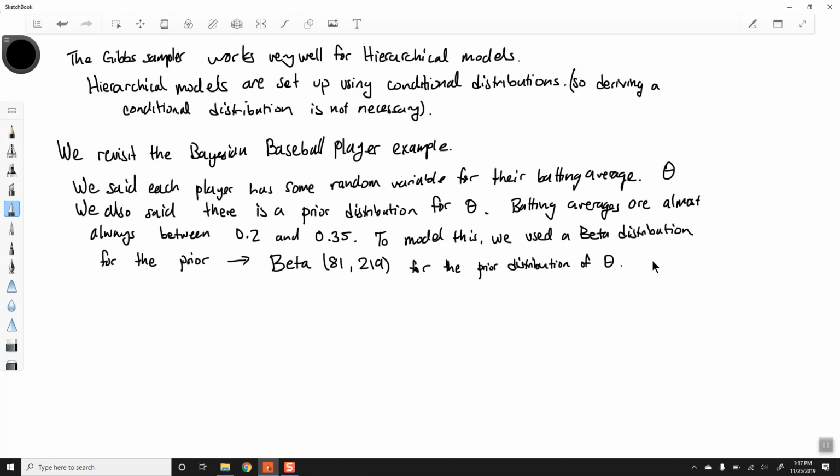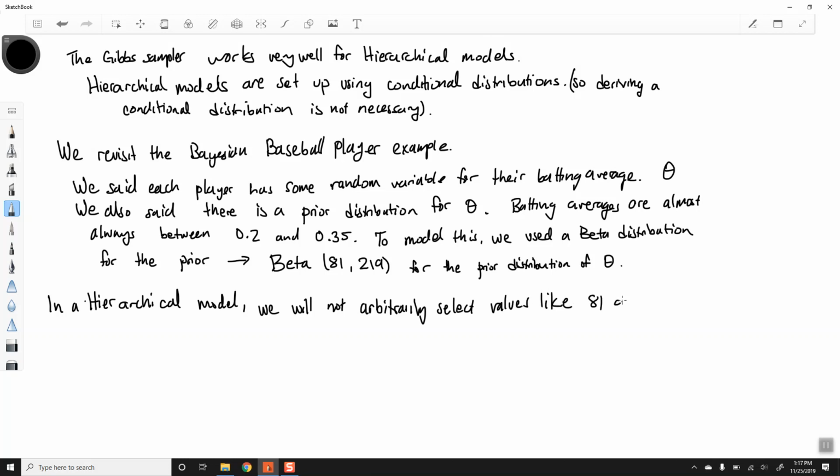Is that okay? So we're going to complicate things. In a hierarchical model, we will not arbitrarily select values like 81 and 219 as parameters for the prior distribution.